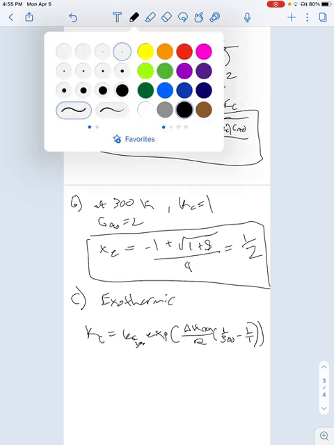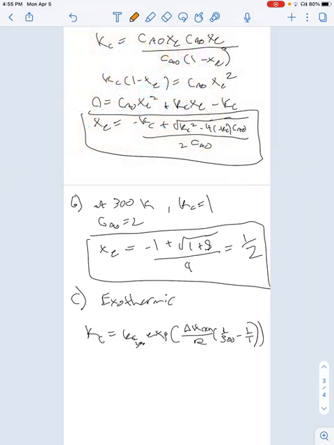Temperature is increasing, so 1 over T is going to decrease because we're dividing by a larger temperature. So this value in the parentheses is going to increase because we're subtracting a smaller number.